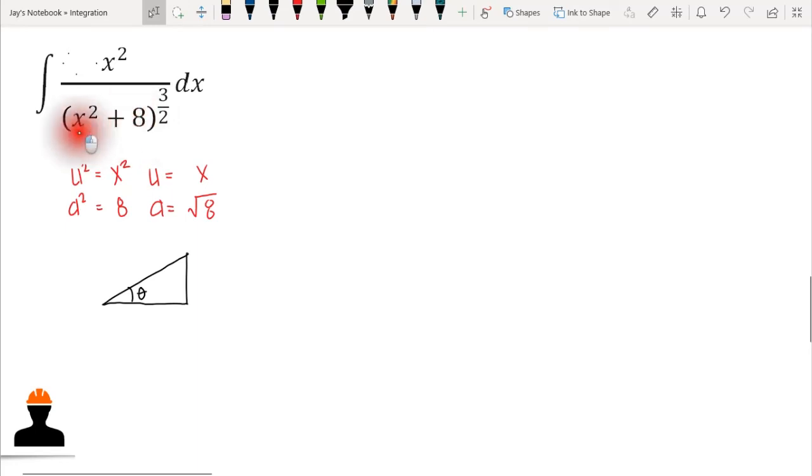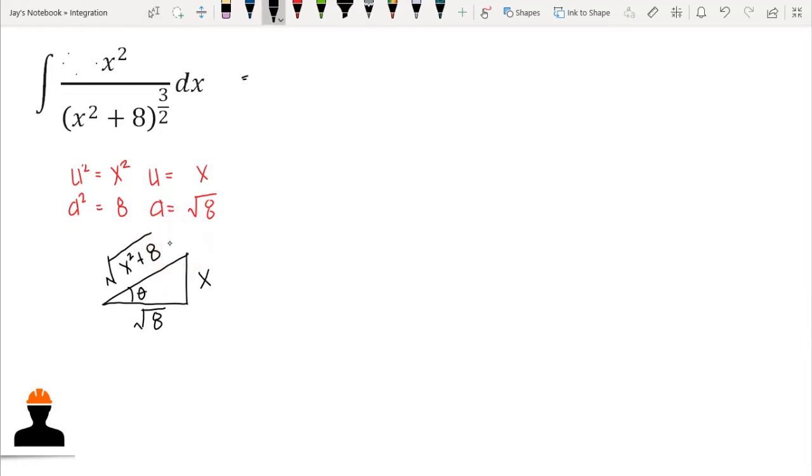So x here is the opposite, then the a, that's square root of 8, is the adjacent, okay? So our hypotenuse here is equal to the square root of the sum of their squares, that is the square root of x squared plus 8. Okay, that is the length of the hypotenuse.